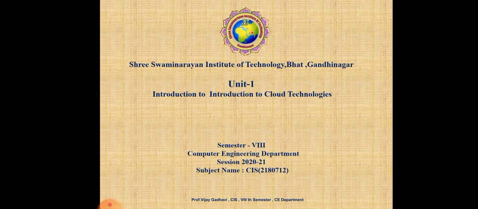Now, teaching and examination scheme. Teaching scheme per week is 3 lectures, tutorial 0 and 2 practical. Total credit of this subject, CIS, is 5. Total theory marks 70 in E component. Then in mid-sem 30, PA component has 20 marks and ALA 10 marks.